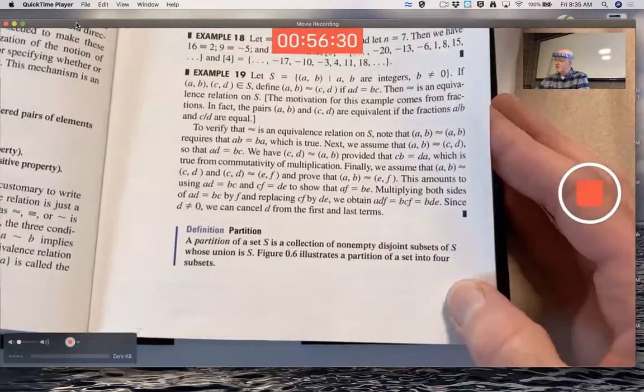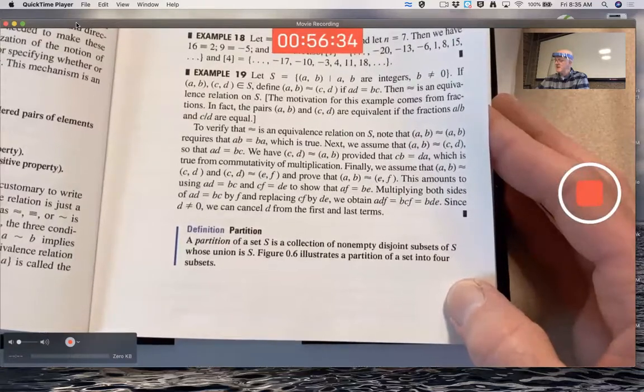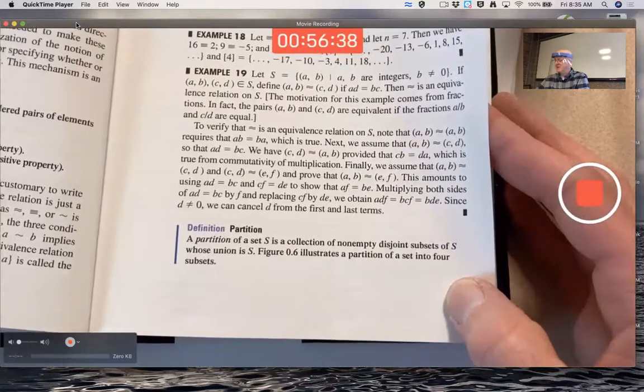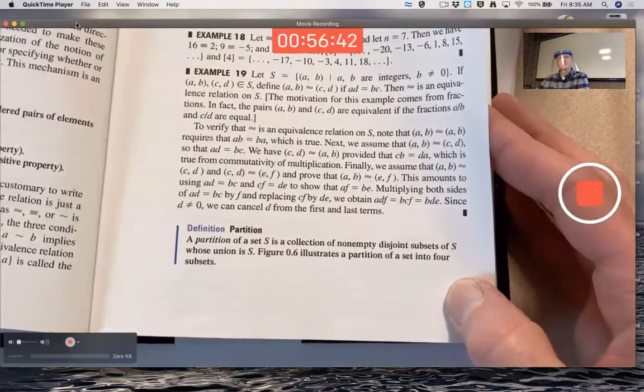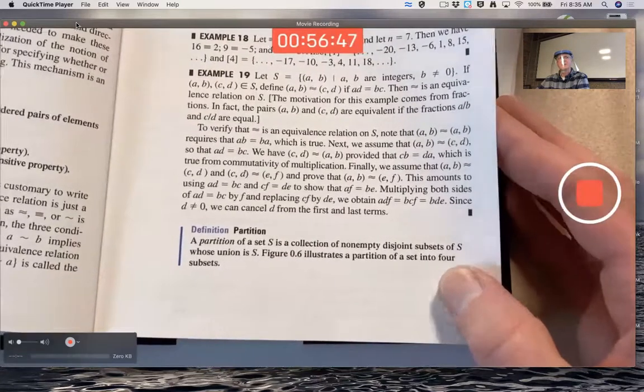A partition is a definition worth knowing. It's a pretty short definition, actually, so I guess it could be fair game. Perhaps more important is just to realize what it is, maybe for a true, false, or multiple choice question.